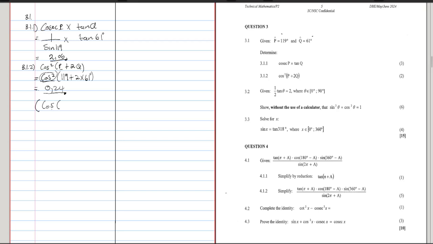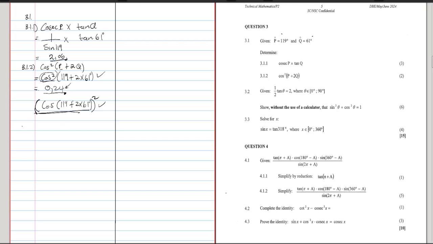After pressing cos, automatically a bracket will open up, and then you're gonna say 119 plus 2 times 61, close bracket, then you close that bracket you initially opened, then you square, then you're gonna get that answer, right? So this and this, it's one and the same thing, but on the calculator this is how you punch it.